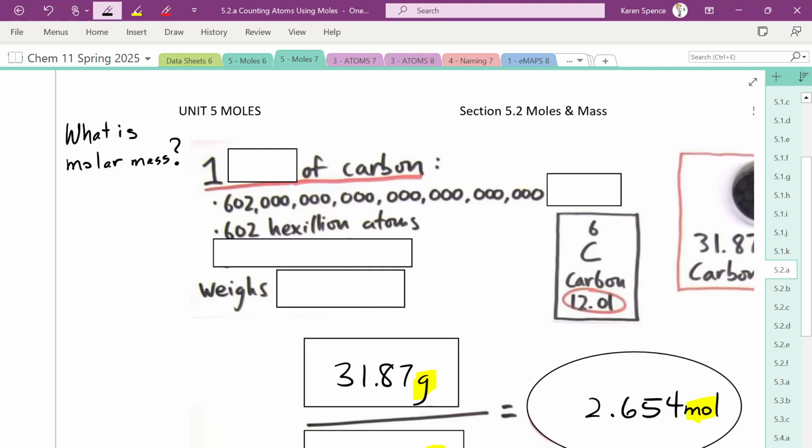It is the mass of 1 mole. Okay, so it's the mass of 1 mole. So then what would the unit of molar mass be?